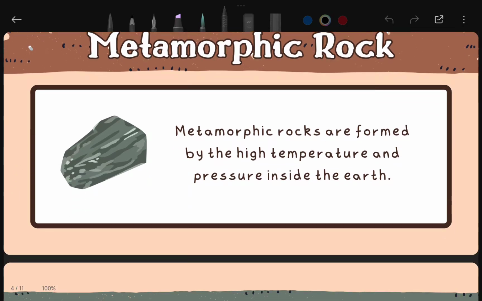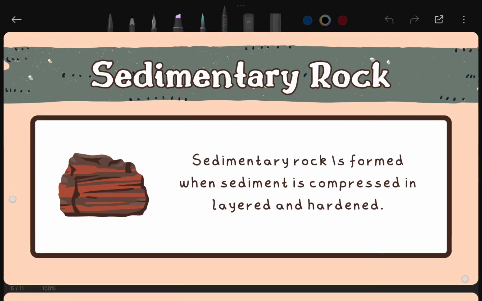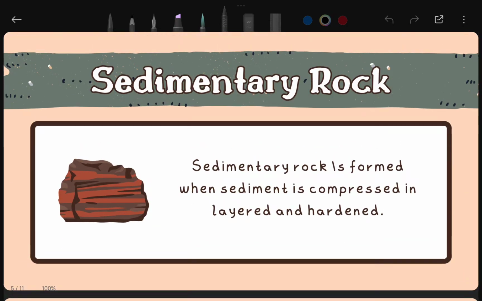And if we talk about sedimentary rocks, actually sedimentary rocks are formed when sediments of fossils and other things are compressed in layers and hardened. Now you have to understand it.